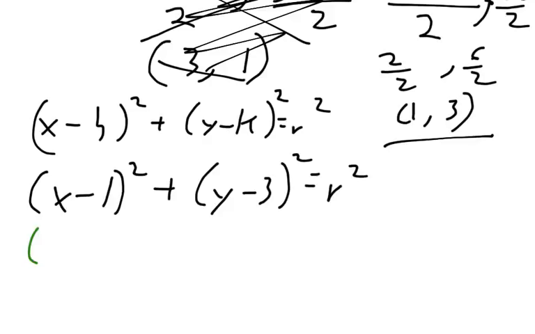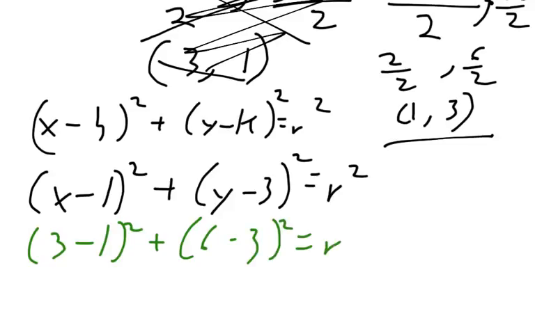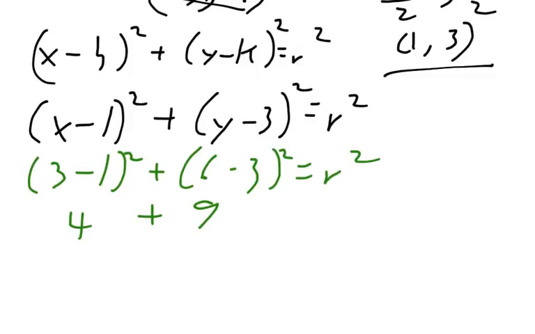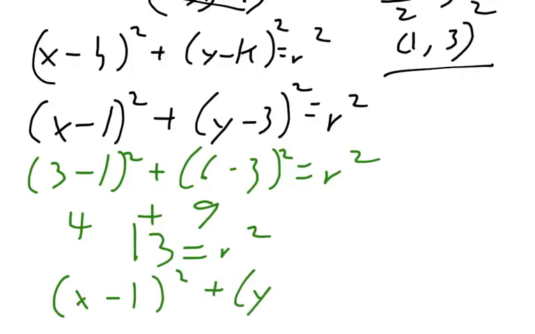And so 3 minus 1 squared plus 6 minus 3 squared equals r squared. That's a 4, and that's a 9. So 13 equals r squared. So my equation is x minus 1 squared plus y minus 3 squared equals 13.